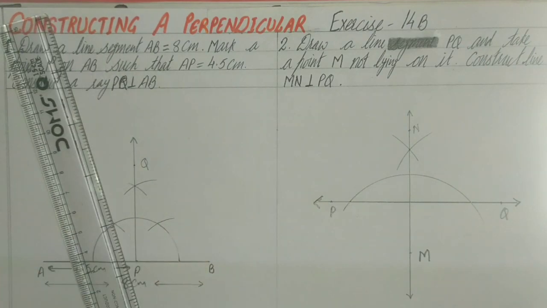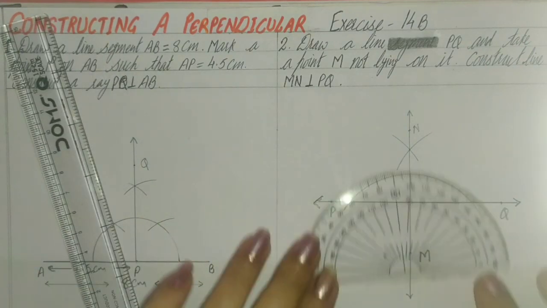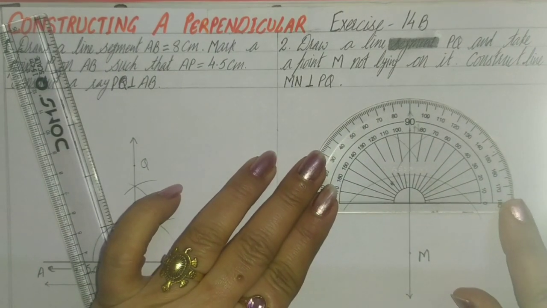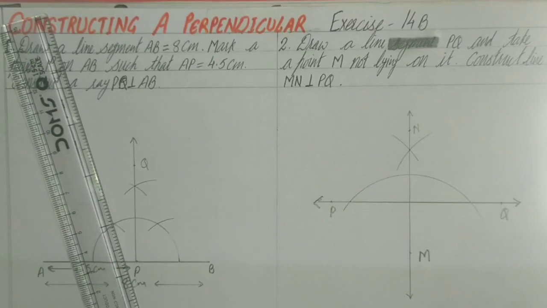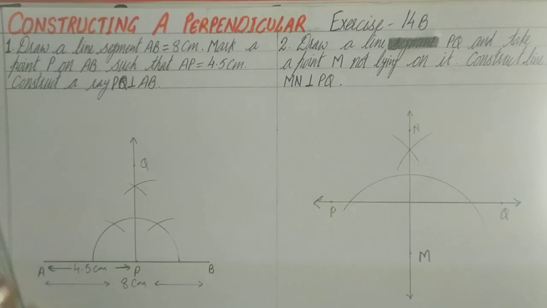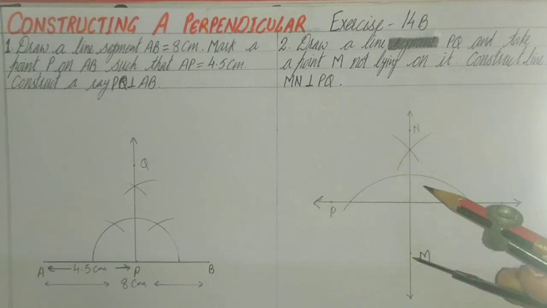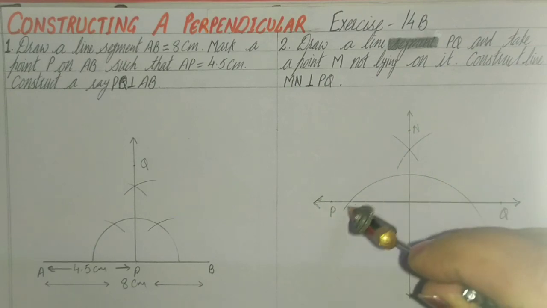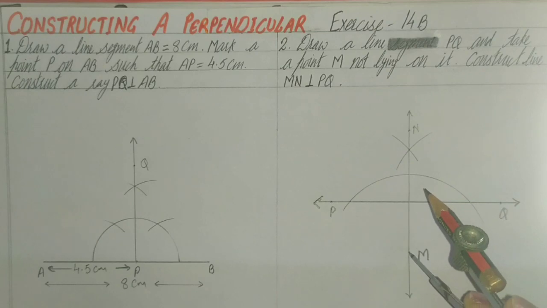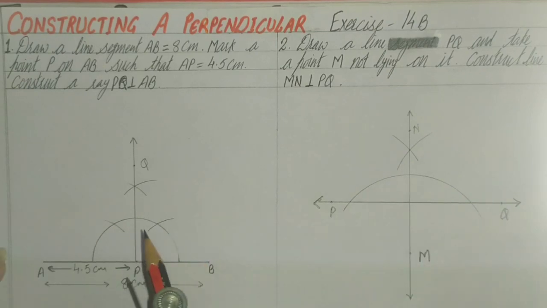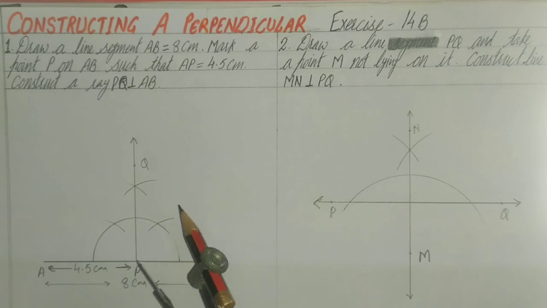Now again, to check the accuracy, use this set square and check whether it is 90 degrees or not. Yes, it's 90 degrees. So in this question we have drawn a line which is perpendicular to the given one through a point which is not lying on the line. But in the first one we drew a perpendicular from a point which is given on the segment.